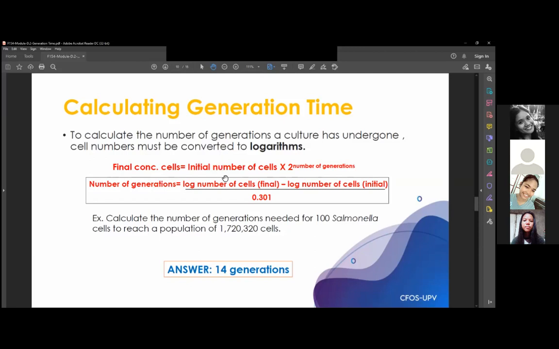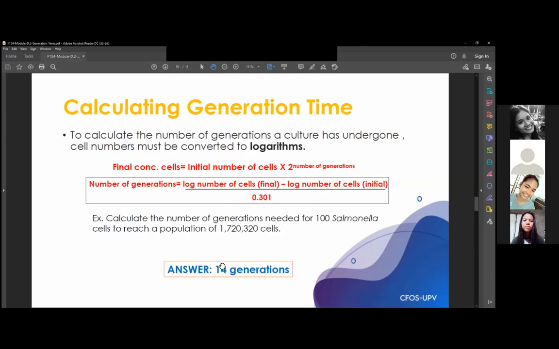So final cells is 1,720,320. The log number of cells initial is 100, and then you use the 0.301. You'll be able to get the number of generations. So the answer is 14 generations.